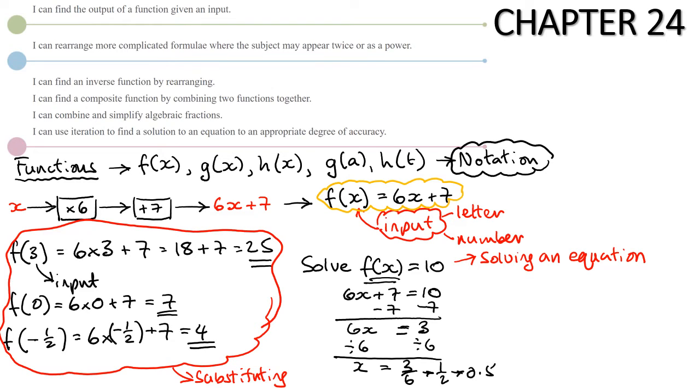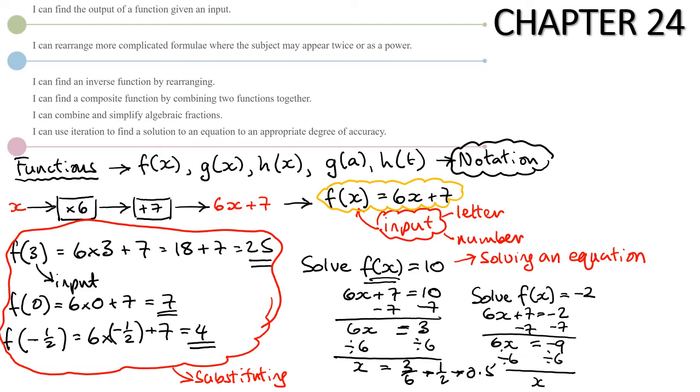Or it might be that I've been asked to solve f of x equals negative 2. So now we write 6x plus 7 equals negative 2. We solve it just like before, we take away 7 from both sides. So I'll have 6x equals negative 9. Divide both sides by 6.